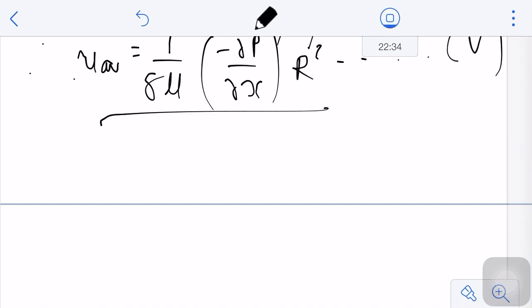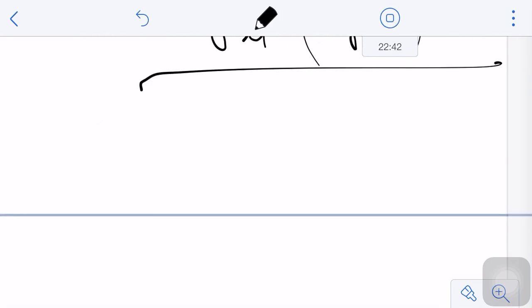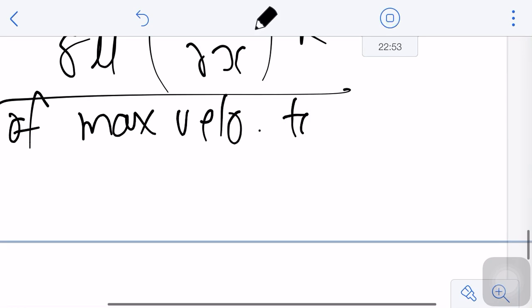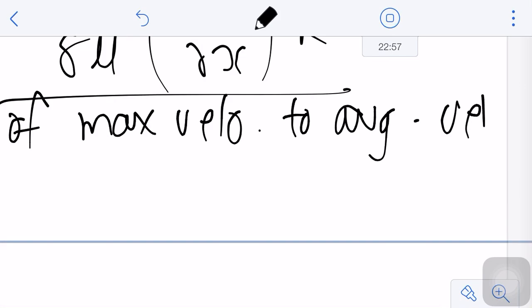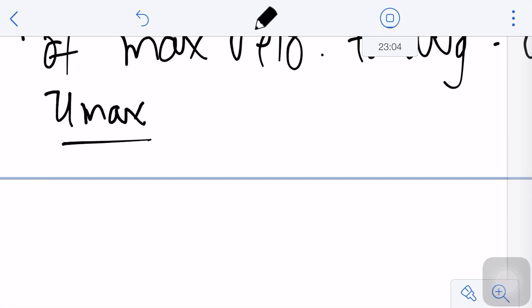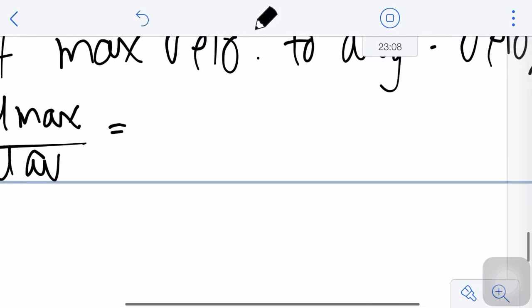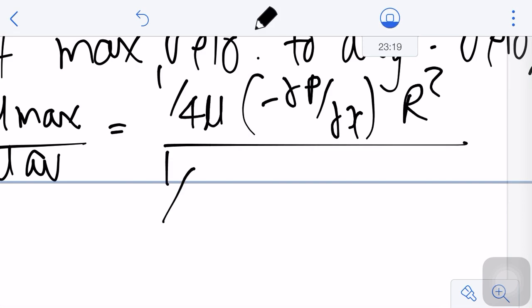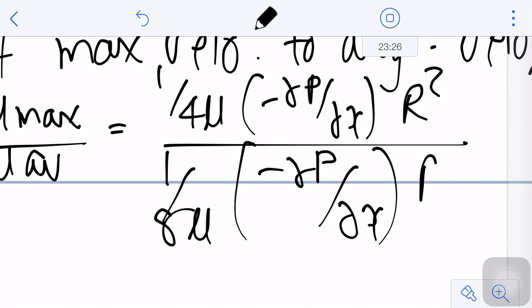So dividing the equation of maximum velocity with the equation of average velocity, taking the ratio of maximum velocity to average velocity, u max divided by u average is equal to 1 upon 4 mu minus ∂p by ∂x into R square divided by 1 upon 8 mu bracket minus ∂p by ∂x into R square.